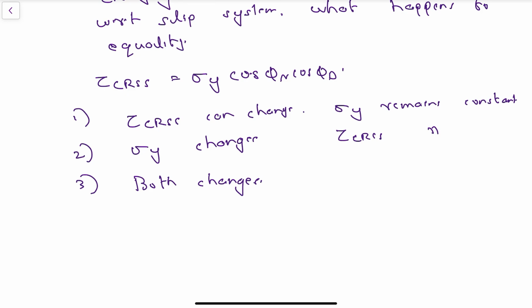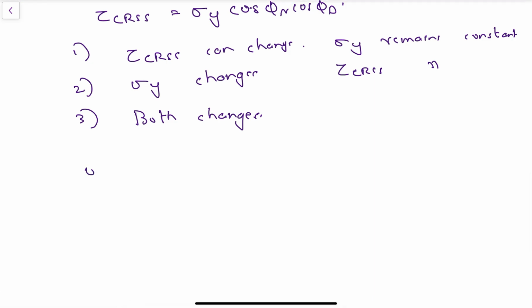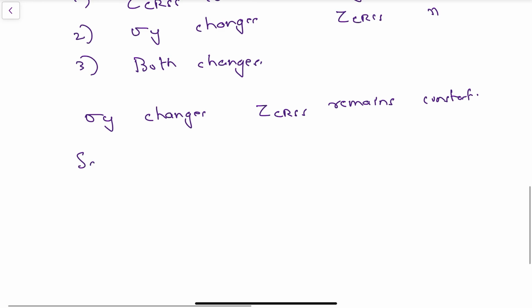It was found by Schmidt. He performed experiments to establish which option is right. He found out that sigma y changes and tau CRSS remains constant. This was the answer Schmidt found, and this became the famous Schmidt's law.